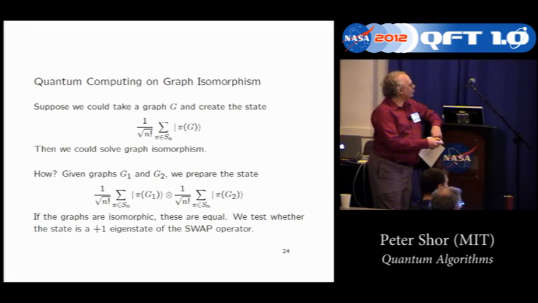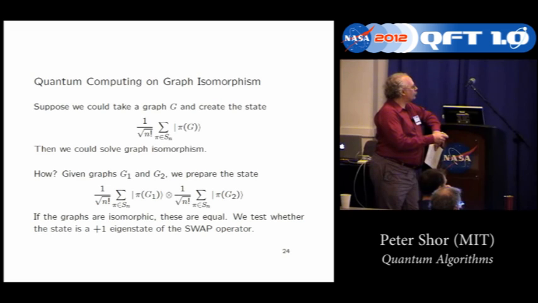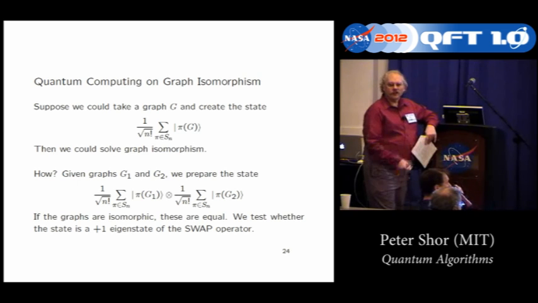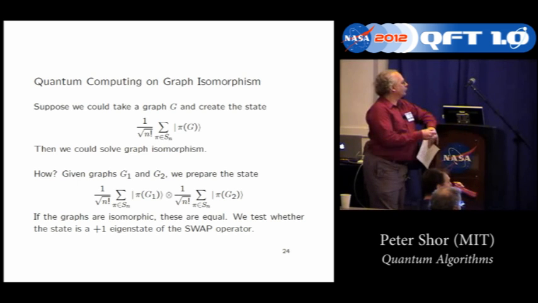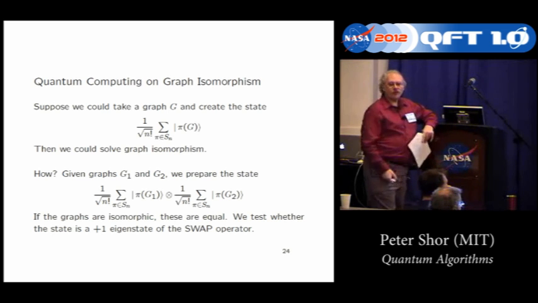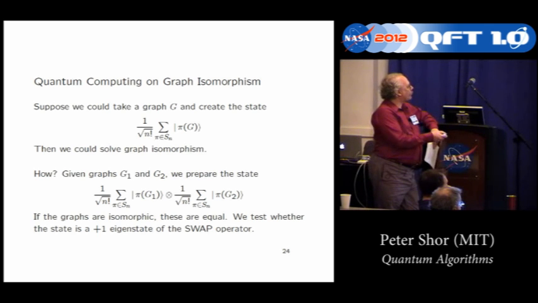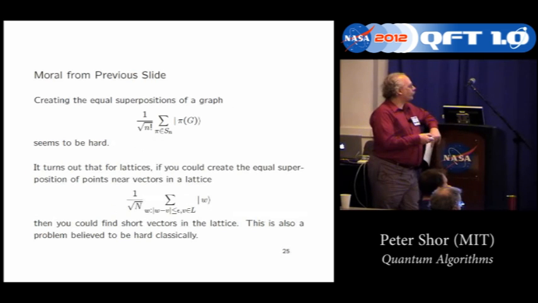And then we test whether this state is a +1 eigenstate of the operator that swaps these 2 registers. If the graphs are isomorphic, then it is. And if the graphs are not isomorphic, the overlap with the +1 eigenbasis of the swap operator is at most 1/2. So you can prepare a number of these states, and if they're all +1 eigenvalues, then you have reasonable confidence that these graphs are isomorphic.